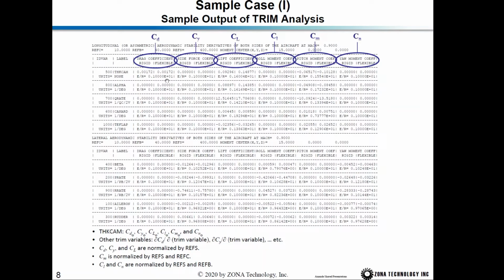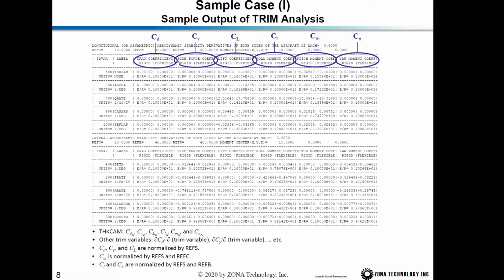And in output, this trim module always outputs the aerodynamic stability derivatives. So first it will output the longitudinal aerodynamic stability derivatives. If you have a full span model, it will call asymmetric aerodynamic stability derivatives. The first one is called thickness. There's a mean flow, and this is a drag, side force coefficient, lift and rolling moment, the pitching moment, and yawing moment.